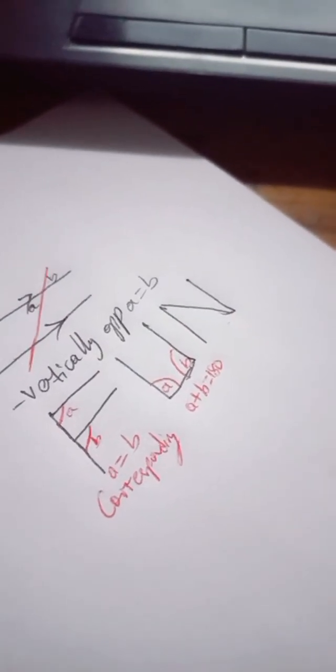Iana, we are dealing with this. F. That's what we are dealing with. And we were dealing with A and B. A plus B gives us what? 180. These are co-interior angles. And remember, these are parallel lines. And on F, these are parallel lines.